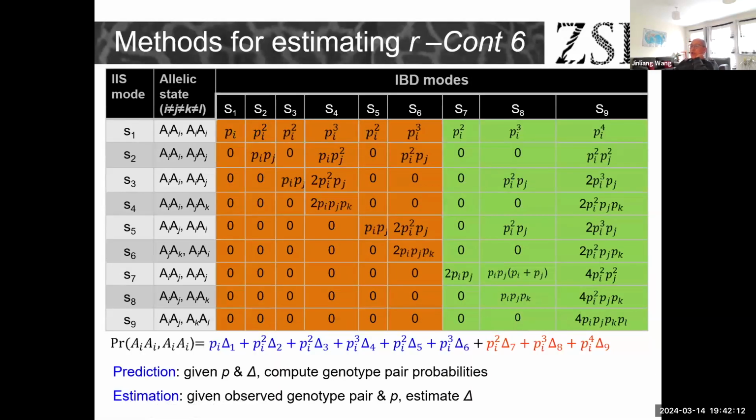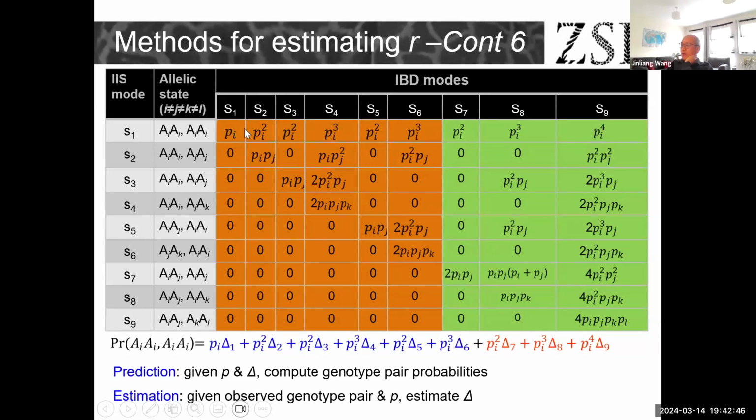So this table shows the probabilities of each genotype pair of the individuals X and Y, given the allele frequencies and given the 9 IBD coefficients. For example, for the first pair, they share the same allele. They are both homozygotes for the same allele. We have these coefficients available.